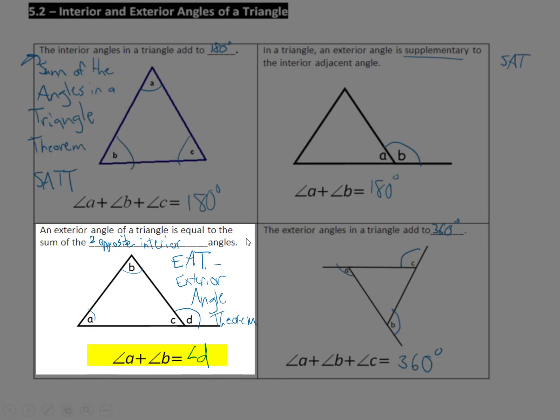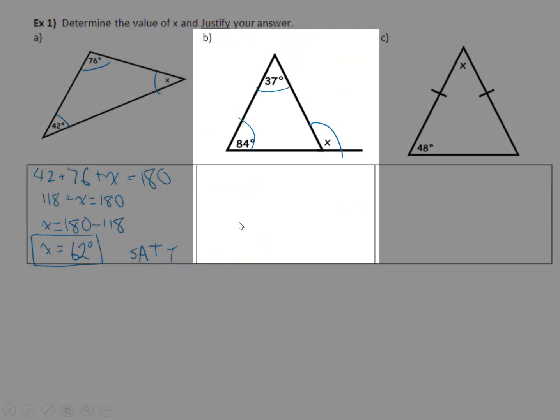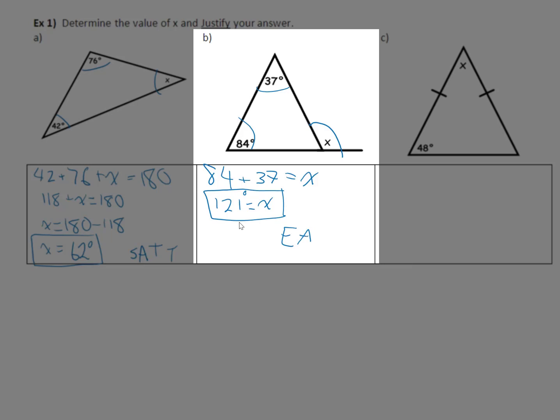So that means that A plus B is going to equal D. So if I go back, we know that 84 plus 37 is going to equal x, which means that 121 degrees equals x, and that is our exterior angle theorem.